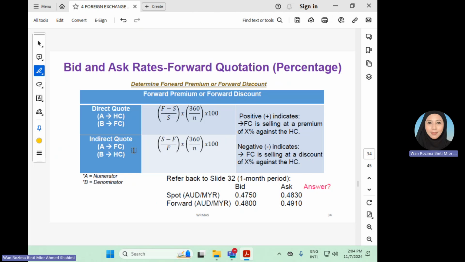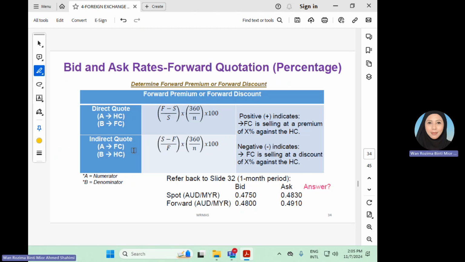So, write it down, the interpretation: Aussie dollar, AUD, is selling at negative 12.5. So, premium or discount? Discount. So your interpretation: Aussie dollar is selling at a discount against Malaysian ringgit.